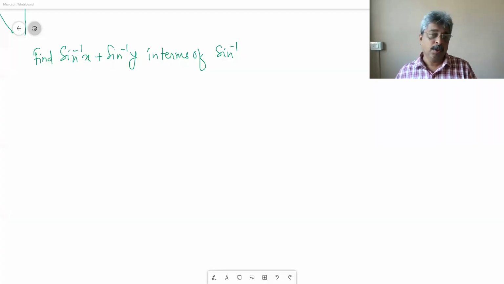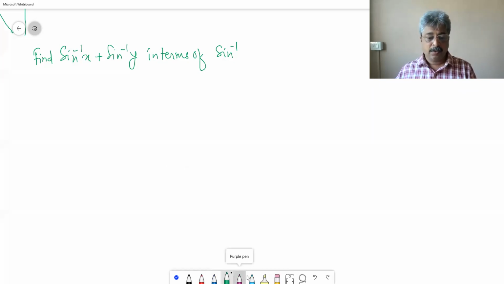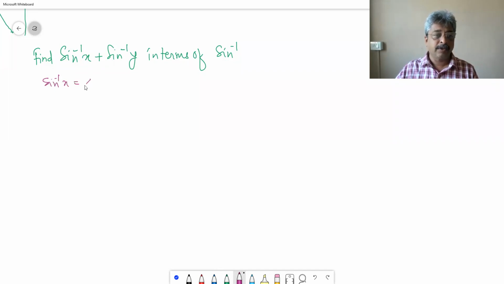Okay, so again let us begin in exactly the same way that we did for tan, by writing sin inverse x is equal to alpha, where x belongs to minus 1 less than or equal to x less than or equal to 1, and minus pi by 2 less than or equal to alpha less than or equal to pi by 2.